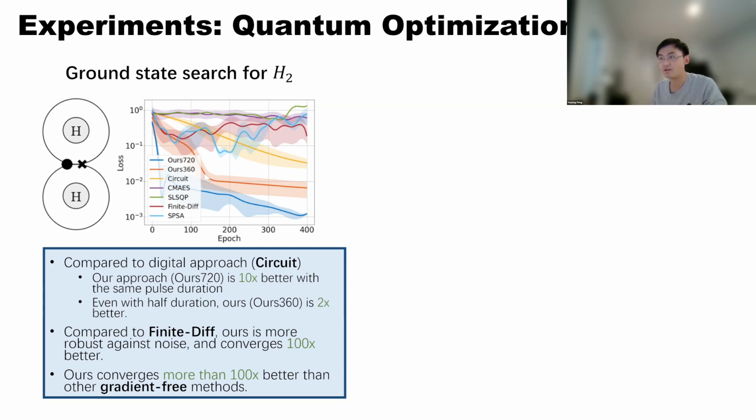Even using half of the duration of the circuit model, we get better results compared to the approach provided by the IBM people using their machine. Compared to other gradient-free methods and the finite difference method, we get more than 100 times better convergence rate and convergence result in the end.